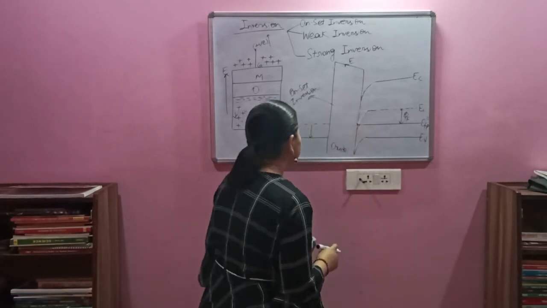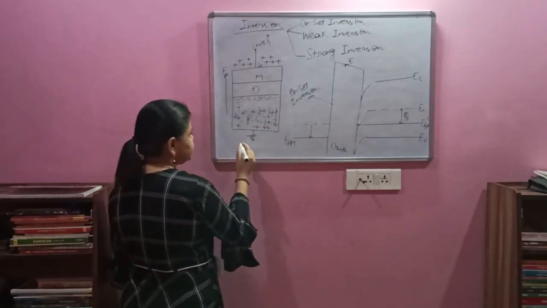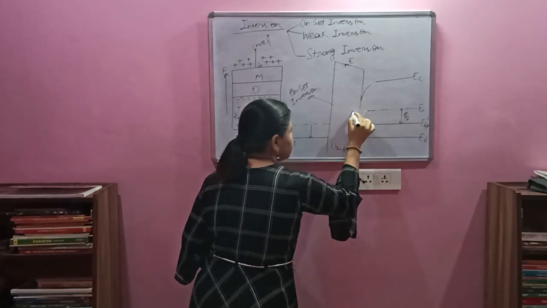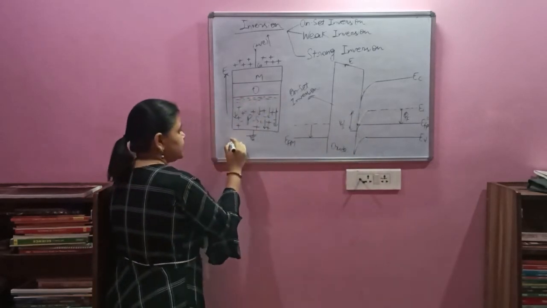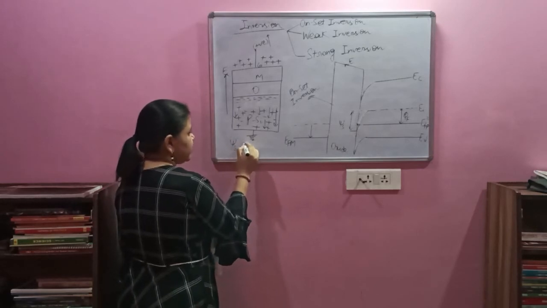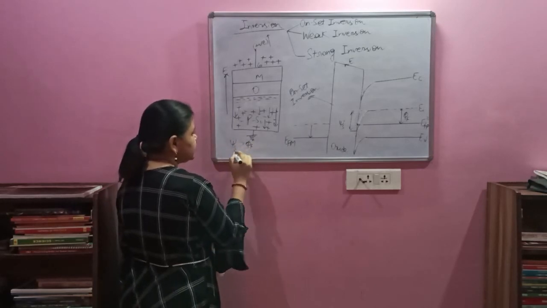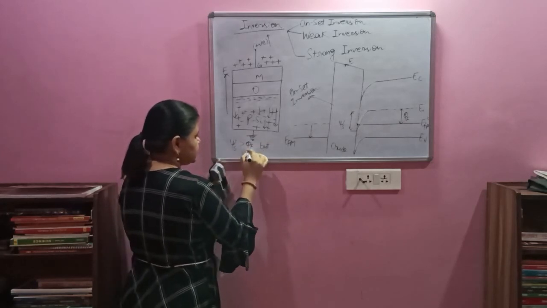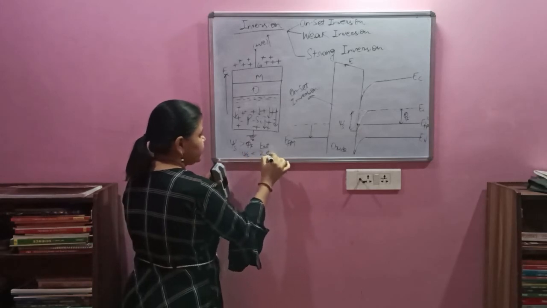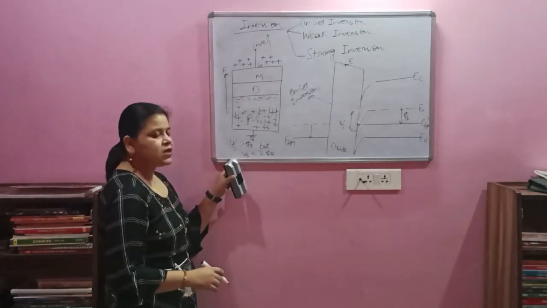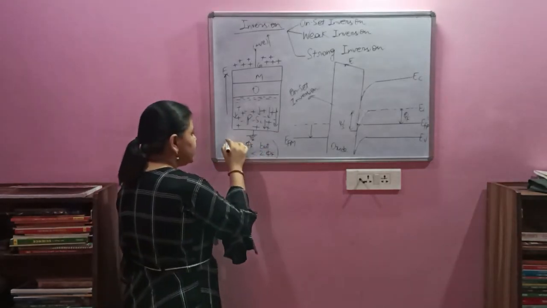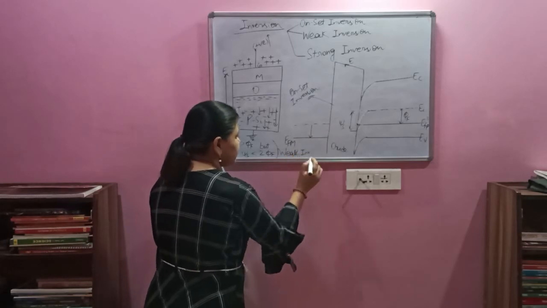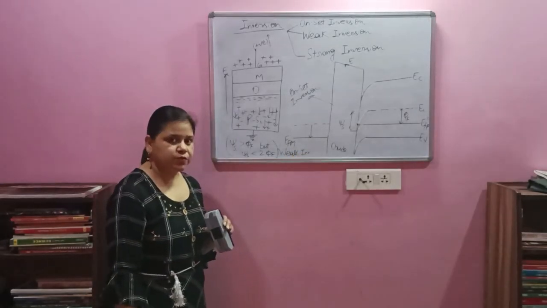Somewhere I can say that psi s, by which this bending has taken place, is greater than phi f, but psi s is less than 2 phi f. So when this condition occurs, it means we are into a weak inversion process.